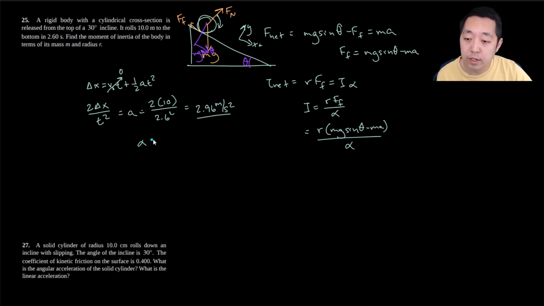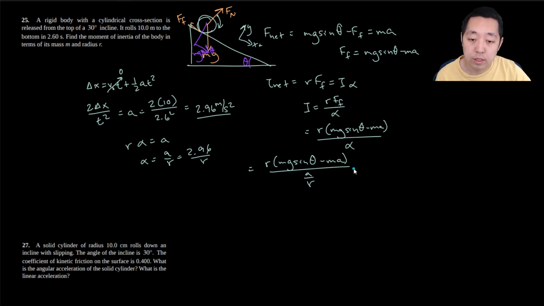And then alpha, in a rolling problem, what relates the linear acceleration to the tangential acceleration is just r times alpha is equal to a. So alpha is equal to a over r, which is just 2.96 over r. So if I plug back into here, I'm going to have r times mg sine theta minus ma over a over r.